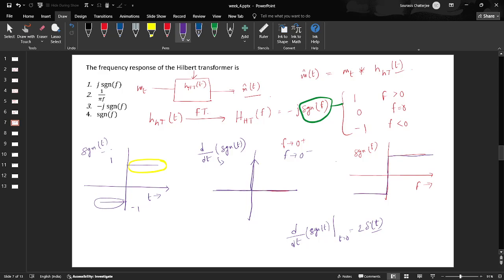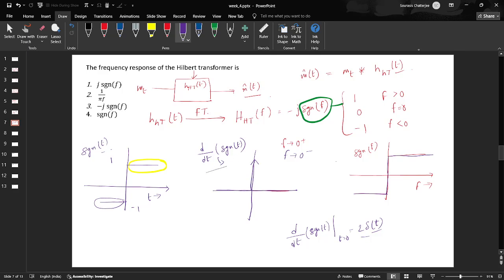Remember, delta t has an infinite height, right? And that corroborates with the claim here. Here you can see that the change is not happening over a finite width. This -1 to 1 is happening instantly. So that gradient is therefore the delta function, which has an infinite height and 0 width, and the value is of course 2 because the shift in value is 2.